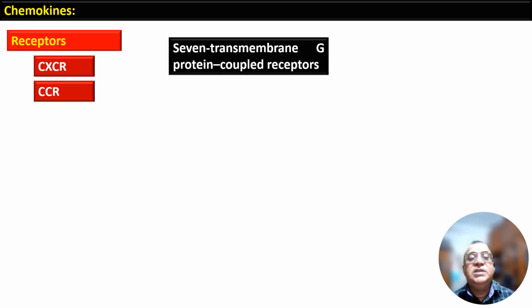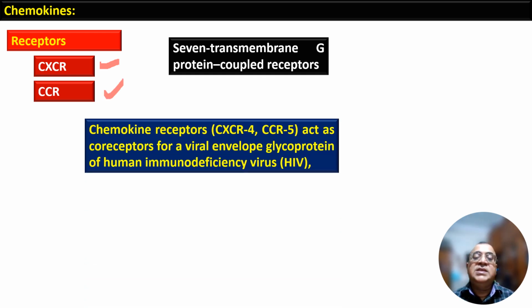These chemokines exert their effect by binding to specific receptors that are 7-pass transmembrane G protein coupled receptors. They are termed as CXCR or CCR, and chemokine receptors such as CXCR4 and CCR5 act as co-receptors for viral envelope glycoprotein of human immunodeficiency virus.